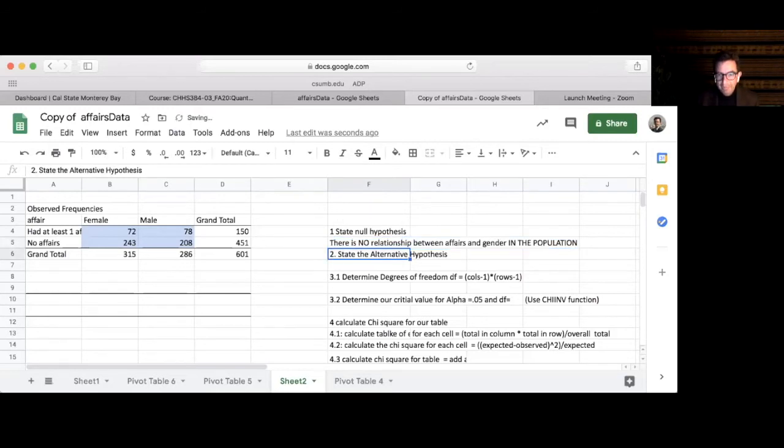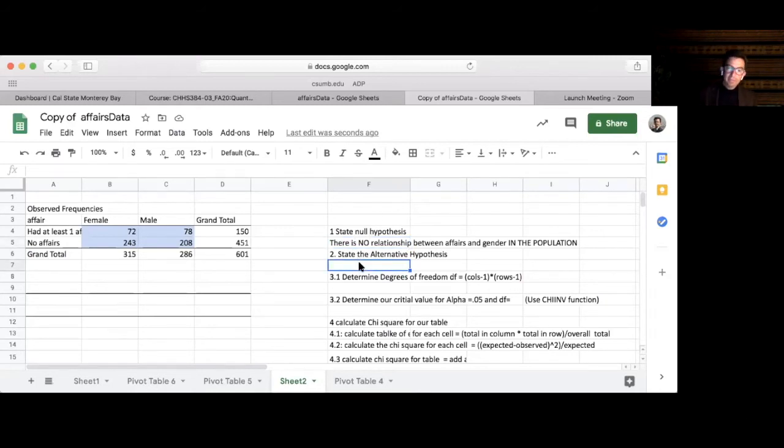I'm putting this in all caps because I want you to remember that any null hypothesis has to have the word no, no relationship or no difference between the variables in the population. If you don't say in the population, that's wrong. If you don't say no, that's wrong. Okay, so we're done with this one.